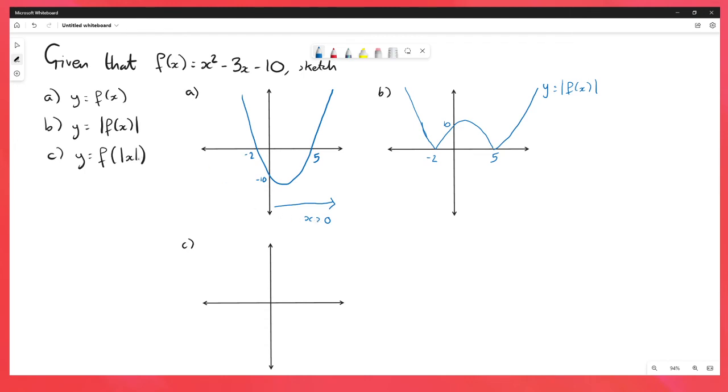So when x is 1, we do modulus of 1. The modulus of 1 is 1. So f of the modulus of x is the same as f of 1, which in this case is minus 12.